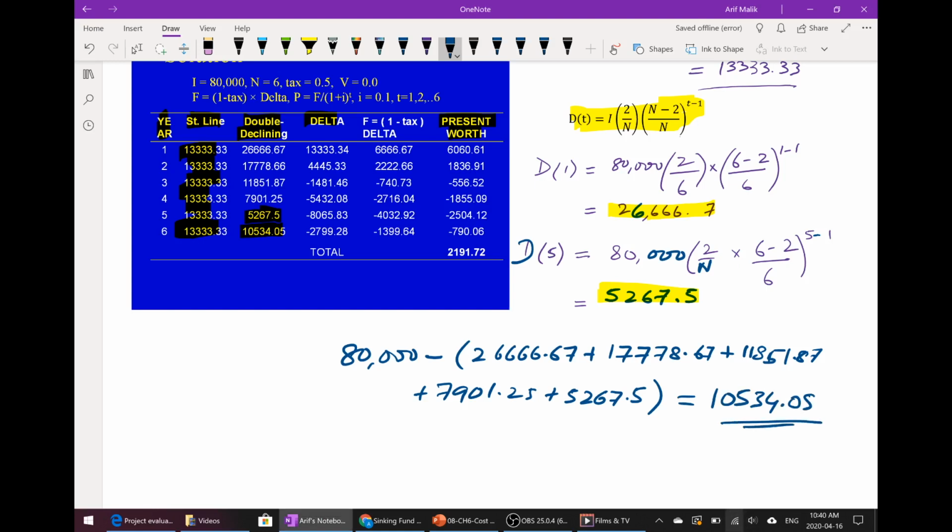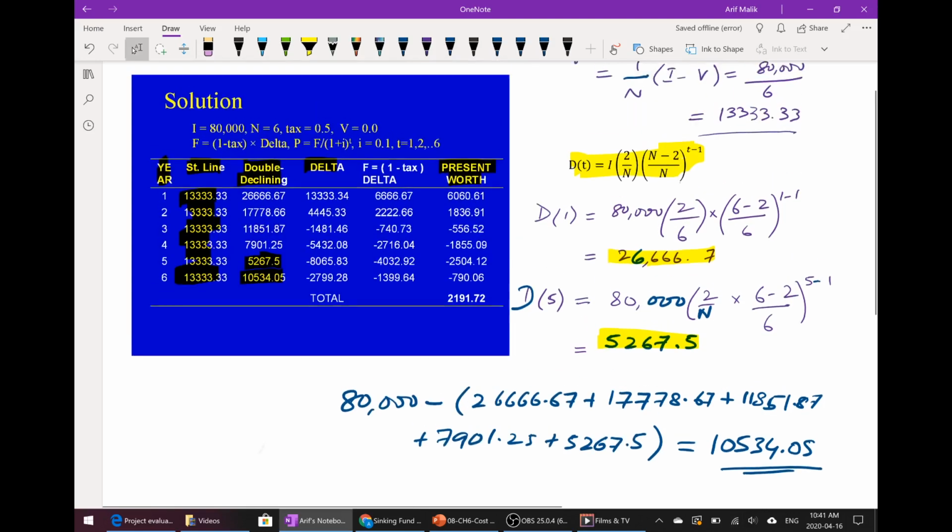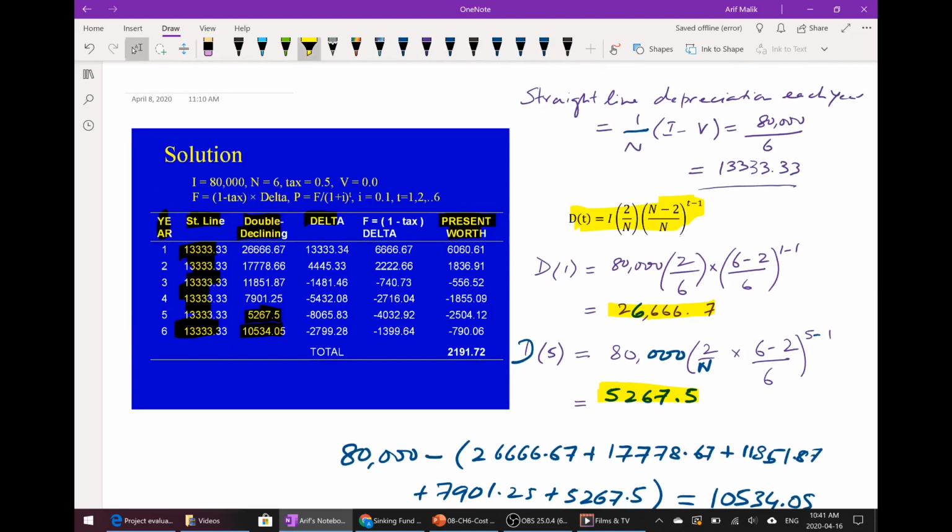This is the last year. Whatever the life, in the last year we just deplete completely, because this is not an exact method. As it is using this formula, it doesn't fully depreciate.